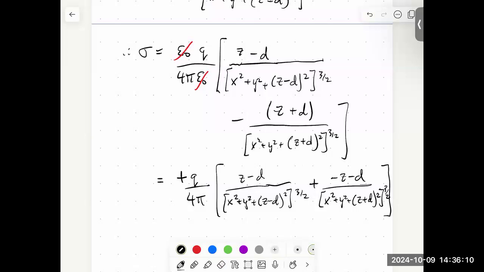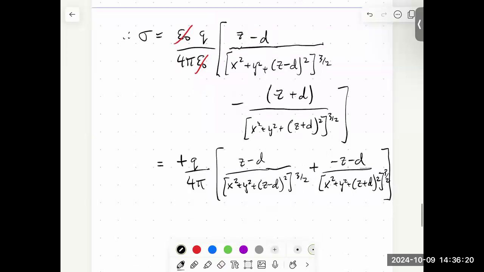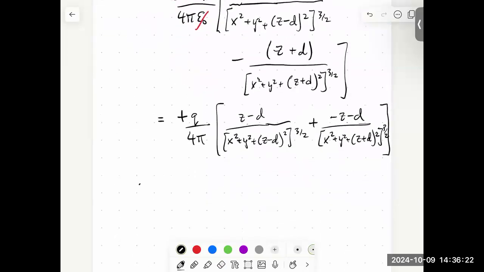is because we are trying to find the charge density on the conducting plane. Where does our conducting plane sit? Yeah, so our conducting plane sits at z equals 0.